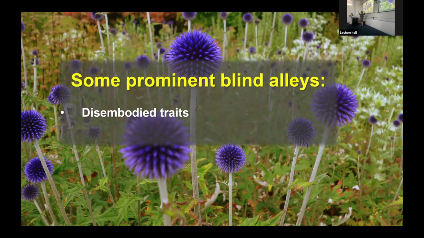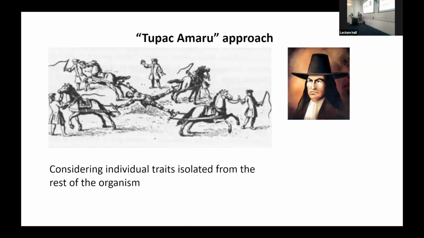The trait doesn't exist in a vacuum. And what thrives or dies is not the individual traits, it's the whole phenotype. This trend to work with disembodied traits, in my area of the world, we call it the Tupac Amaru approach, in reference to José Gabriel Condorcanqui, Tupac Amaru, a hero in the resistance against the Spanish invasion.